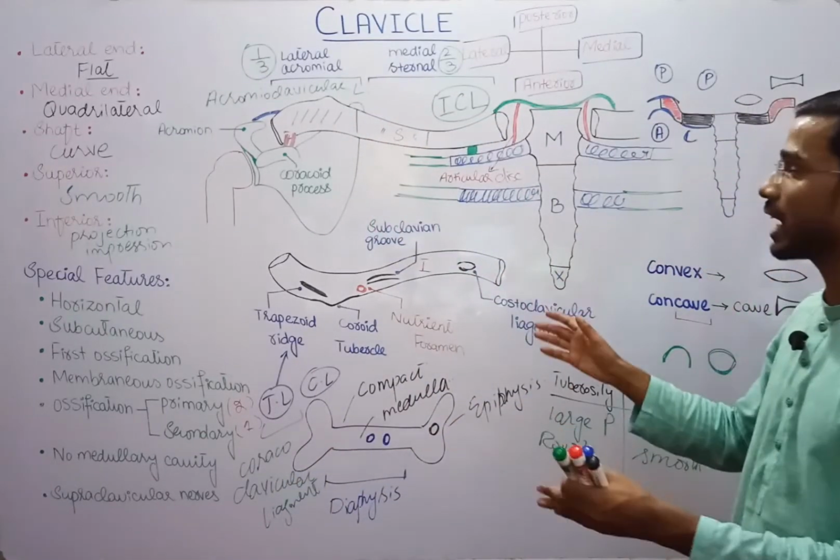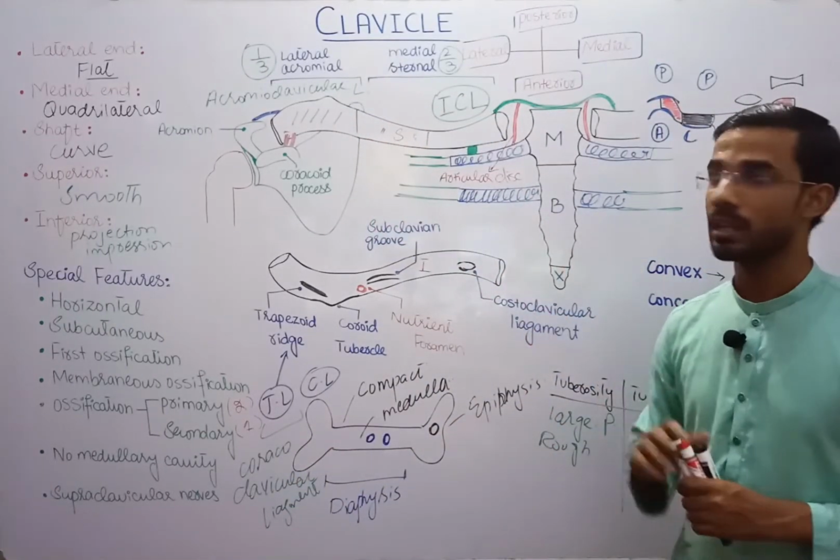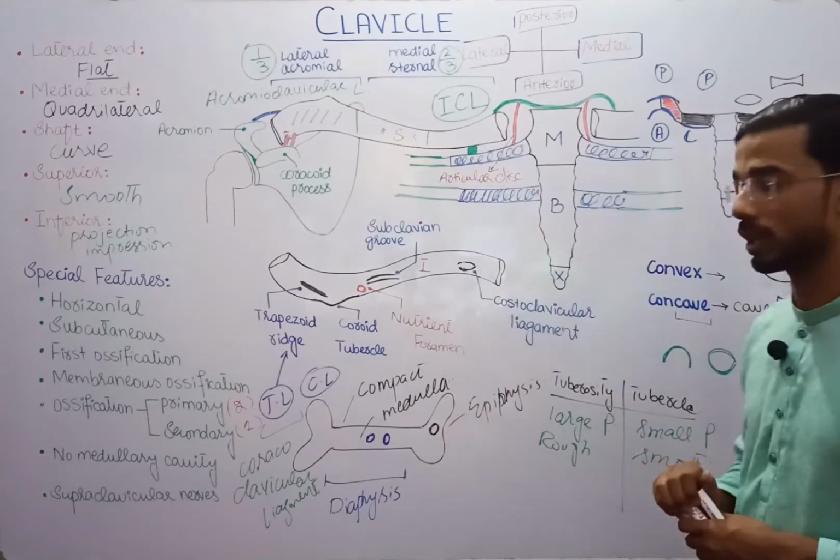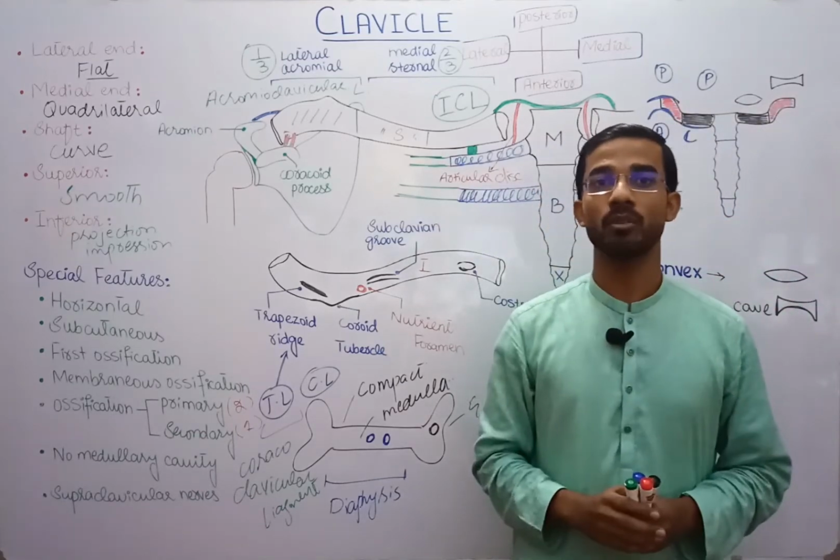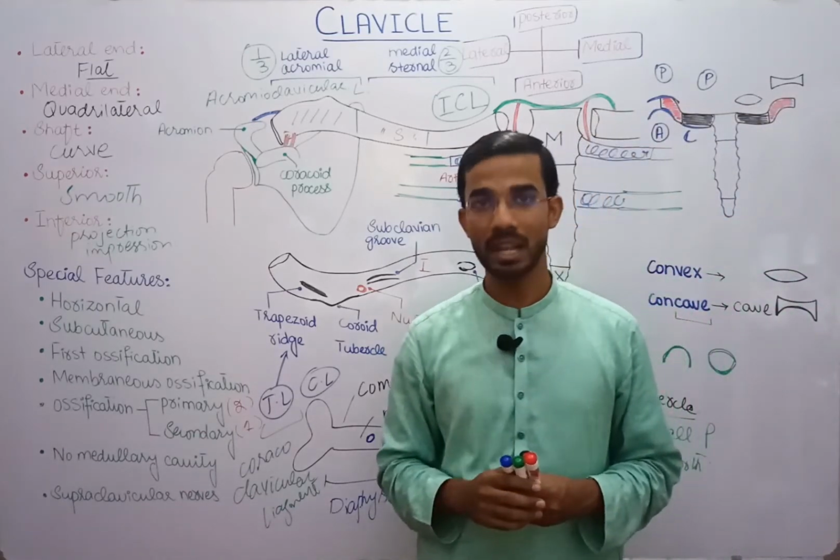So these are the ligaments present in the lateral position. So this is all about the structure of the clavicle.